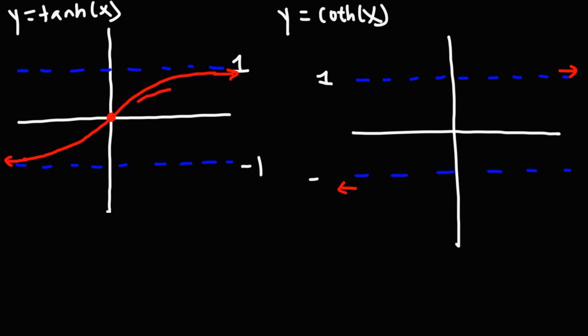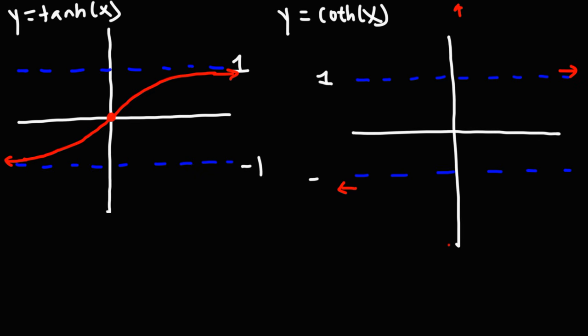Now, as we approach 0 from the right side, let's say this is 0.1. 1 over 0.1 might be like positive 10. So as we approach 0 from the right side, it's going to go up towards positive infinity. As we approach 0 from the left side, this is not going to be like positive 0.1, but negative 0.1. 1 over negative 0.1 is like negative 10.